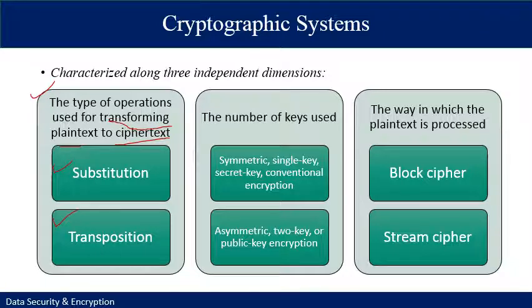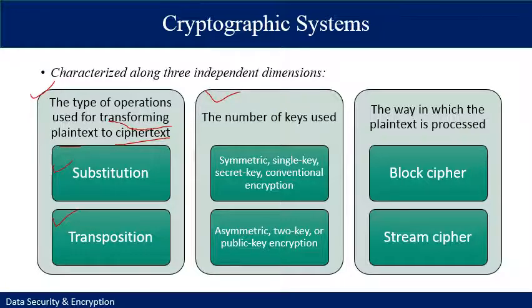The fundamental requirement is that no information is lost in both cases, and all the operations should be reversible so that the decryption algorithm uses the reverse mechanism employed by the transposition or substitution to get the original message. The next dimension of a cryptographic system is the number of keys used.